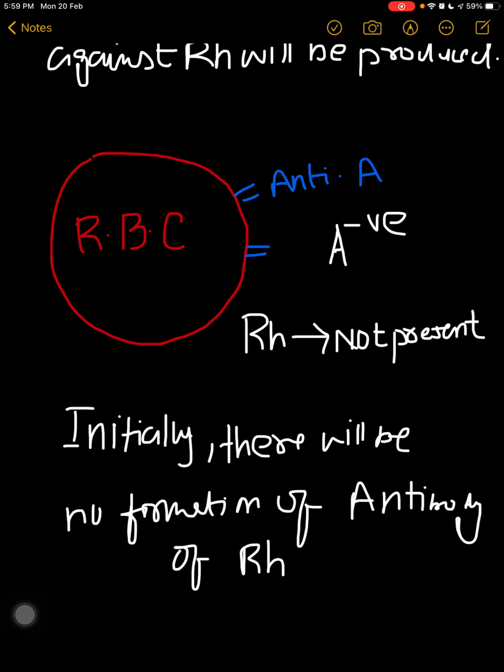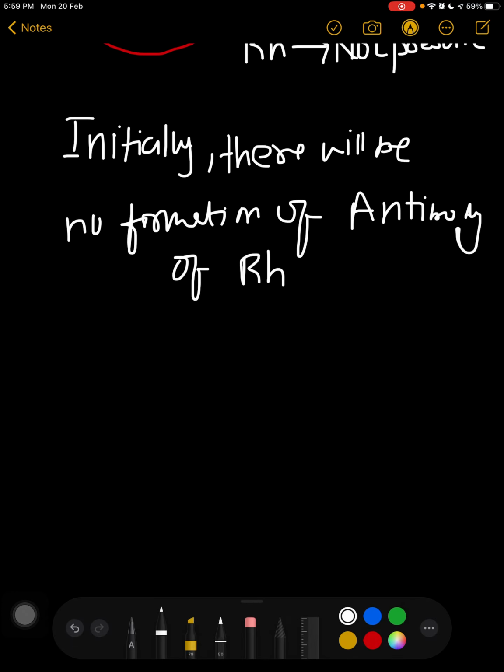But once the opposite blood group is given to it, it starts to produce antibody against the Rh, because it doesn't have the Rh factor. At first the blood does not recognize that it doesn't have the Rh factor. Once blood with Rh factor enters that blood, it recognizes it as foreign and produces Rh antibody. So the first blood transfusion is allowed. It is risky, but it can be easily done, but not a second time.